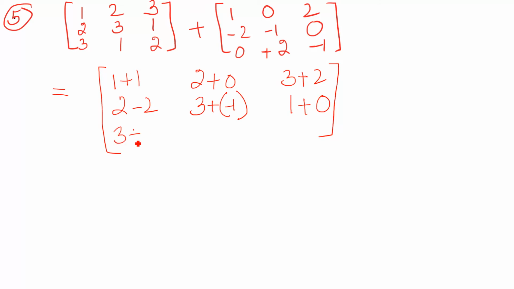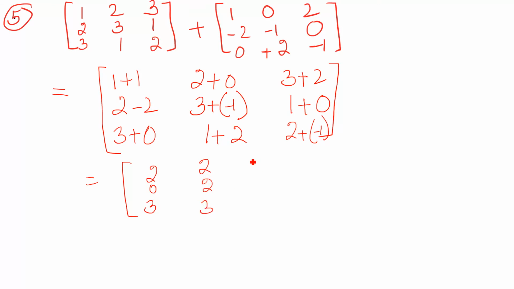You have to give attention whenever you see any negative sign here. So it is 2, 0, 3, 2, 2, 3, 5, 1, and then plus minus minus 1, it will be 1. So this is the answer.